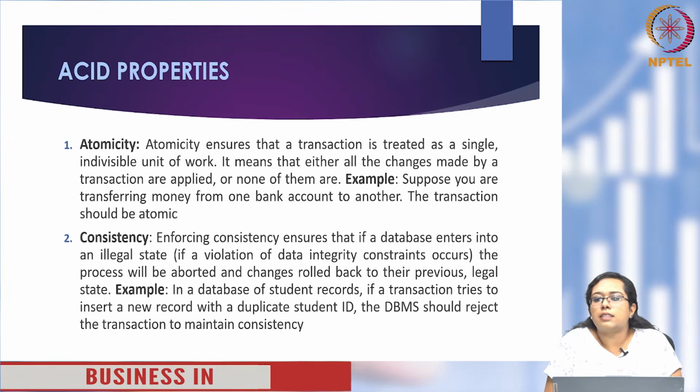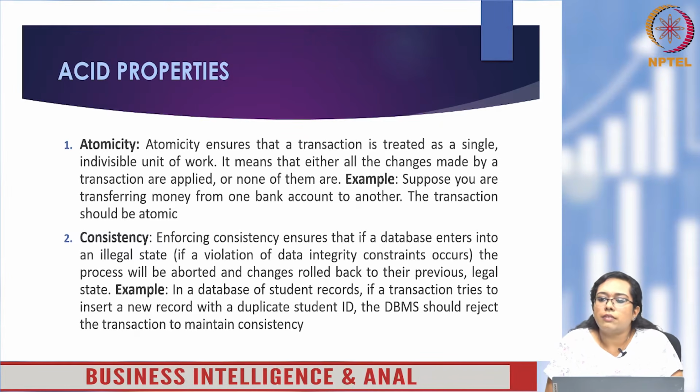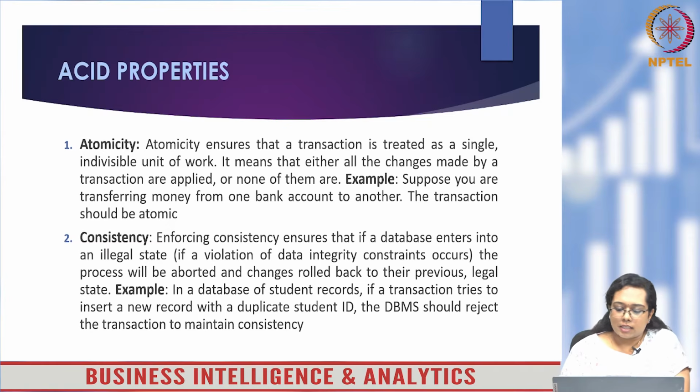For example, in a database of student records, if a transaction tries to insert a new record illegally with a duplicate student ID, since student ID should be unique, the DBMS should immediately reject that transaction in order to maintain a consistent state.